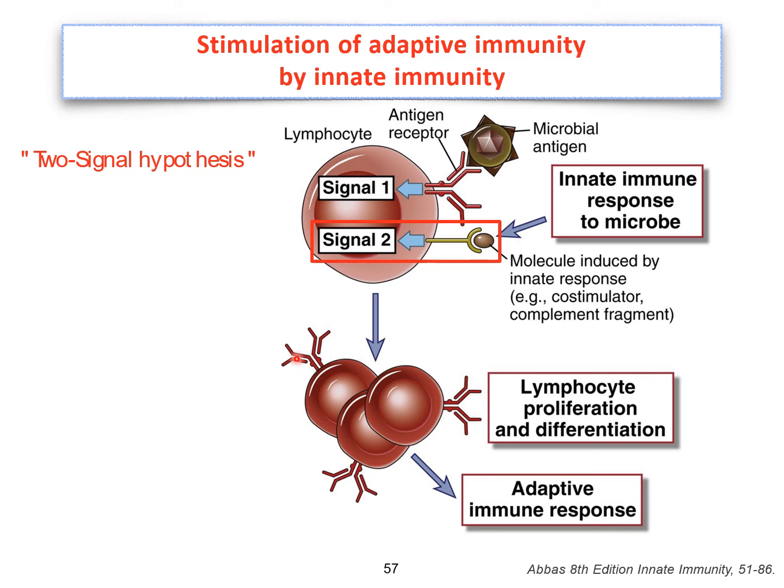Two signal hypothesis. You can see the innate immune response to a microbe. Signal 1 is the microbial antigen. Signal 2 is pattern recognition receptors recognizing the microbe, and molecules induced by the innate response, for example co-stimulators and complement fragments, leading to lymphocyte proliferation and differentiation and the adaptive immune response.